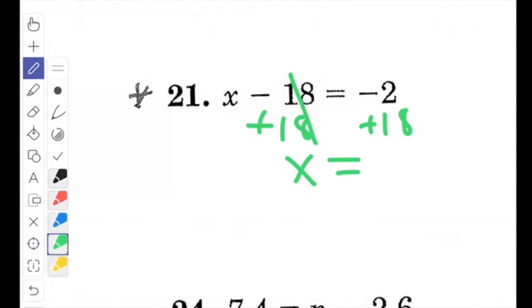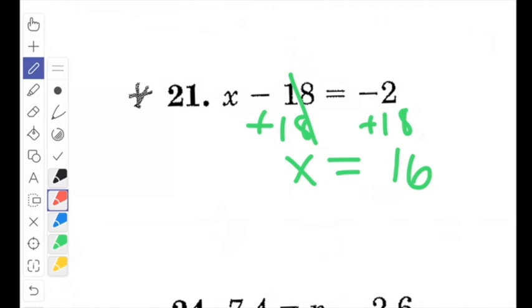With one negative and one positive, we subtract. You take the sign of the biggest absolute value. The biggest absolute value is 18, and the sign for 18 is positive, so the answer is positive. So x equals 16.